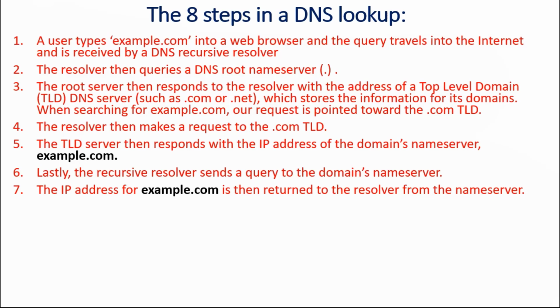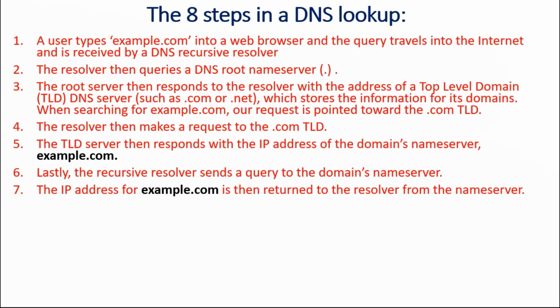Let me explain in a better manner. First, when we type example.com in the browser, this request is received by the DNS recursive resolver. What will the recursive resolver do? It will query the DNS root name server. The root name server will provide the IP address of the top level domain, that is .com or .net.